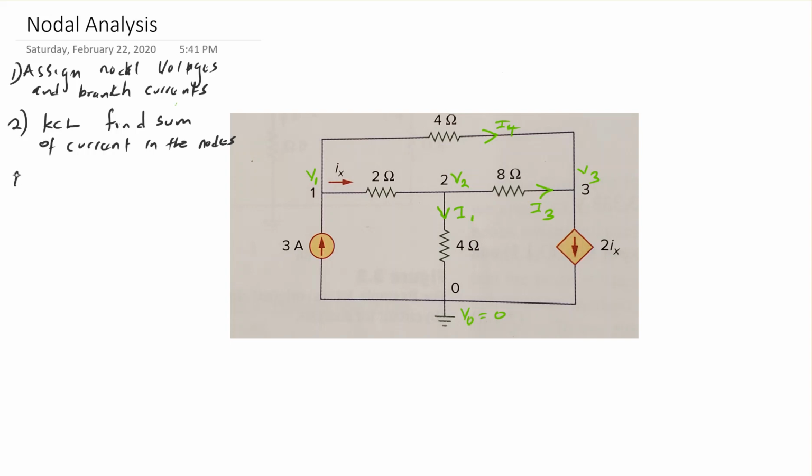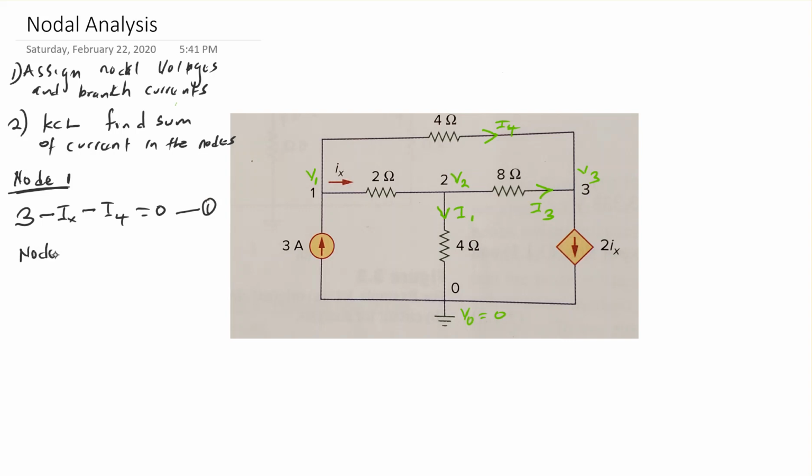So for node 1, we have 3 amperes flowing in, minus Ix, minus I4, equal to 0. That is, we have this one flowing in, I4 flowing out, and Ix flowing out. I'll call that equation 1.